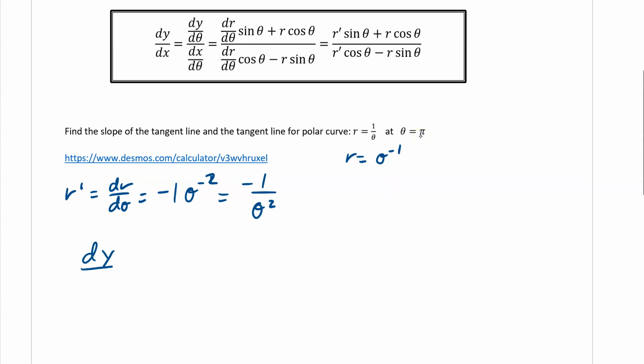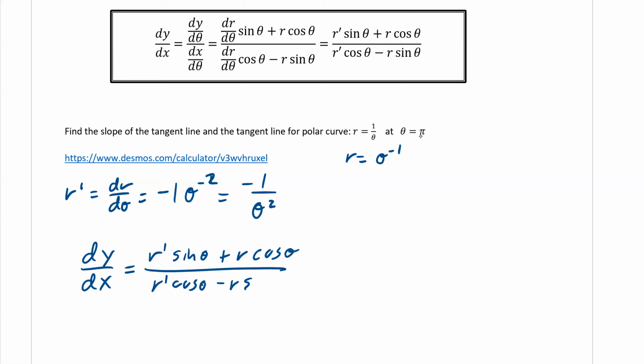So our derivative, dy dx, would just be r prime sine theta plus r cosine theta, over r prime cosine theta minus r sine theta. And we plug it in. So this is negative 1 over theta squared sine theta, and then our r is 1 over theta, and then we have cosine theta.